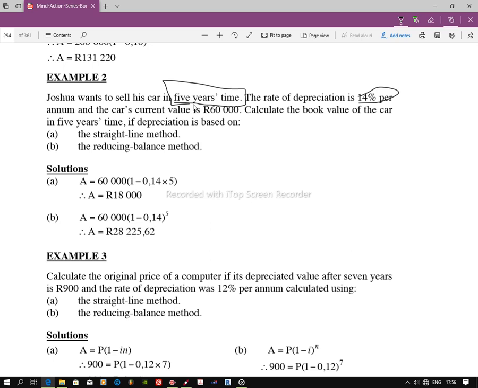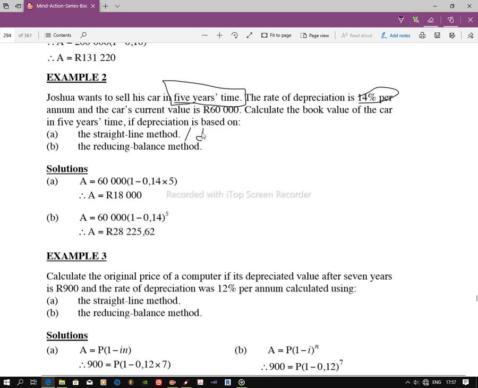So I must know how the car depreciates. The car's current value is 60,000. Calculate the book value of the car in 5 years time. The depreciation is based on the straight line method, or just say linear depreciation.